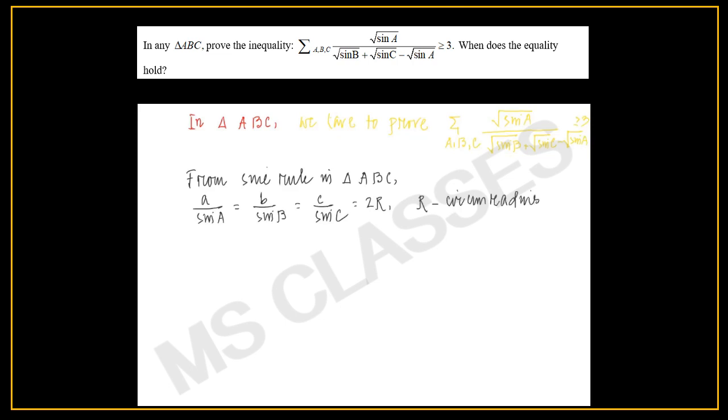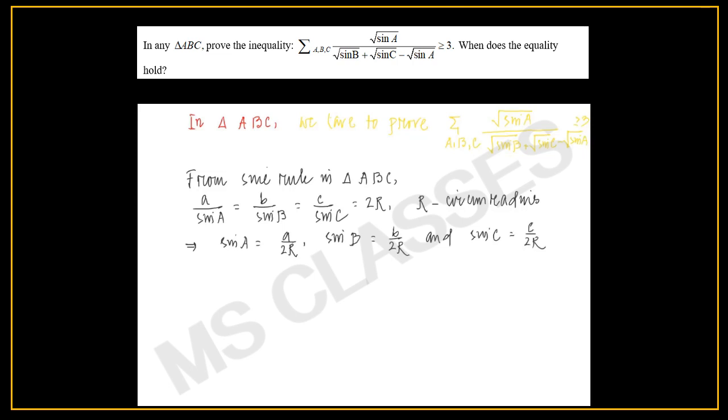From here, sin A equals a by 2R, sin B equals b by 2R, and sin C equals c by 2R.